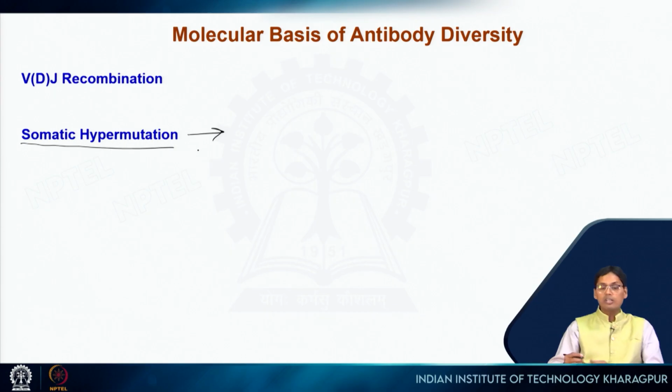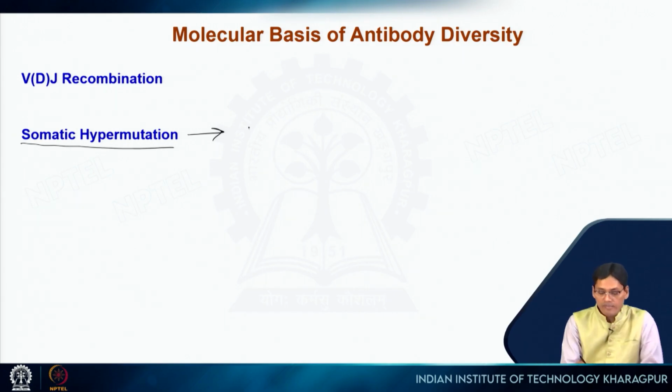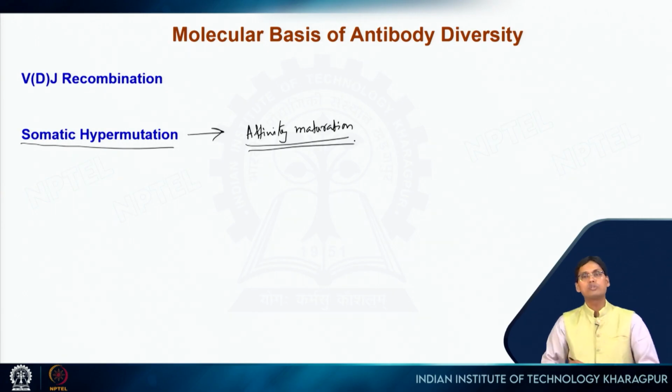So some kind of affinity increase happens. This is called affinity maturation of an antibody. And after the affinity maturation step, that B cell will be converted into plasma cell, and it will secrete antibody, and this will bind to the antigen very tightly.